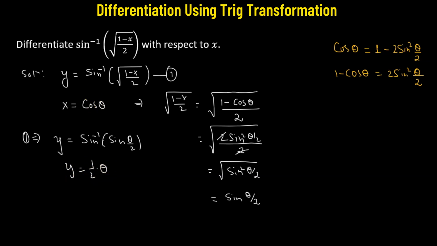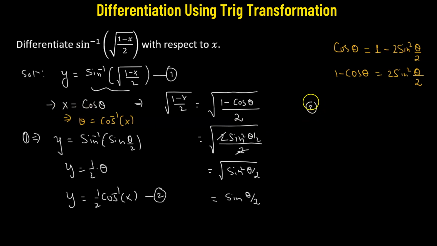And since we considered x to be equal to cosine theta, theta will be equal to cosine inverse of x, such that y is half multiplied by cosine inverse of x. That is equation number 2. That means we started out with equation number 1, and sine inverse of the square root of (1 minus x) over 2 is equivalent to half cosine inverse of x if we make the transformation x equals cosine theta.